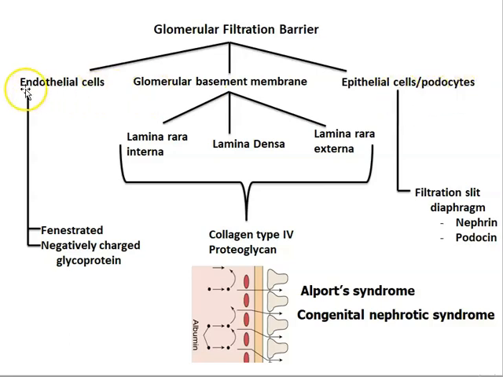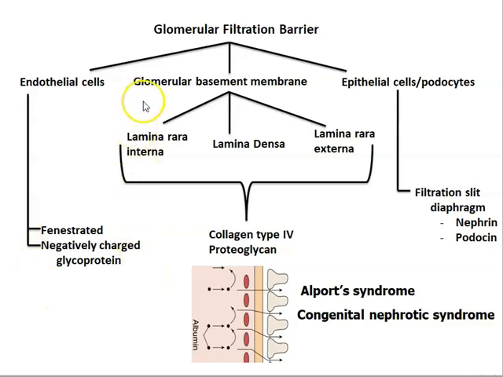And also we have introduced the features of the endothelial cells, and we realize that these cells are fenestrated. They contain gaps between them, and also they consist of negatively charged glycoprotein molecules, and we realize the importance of this layer is to repel plasma proteins such as albumin.